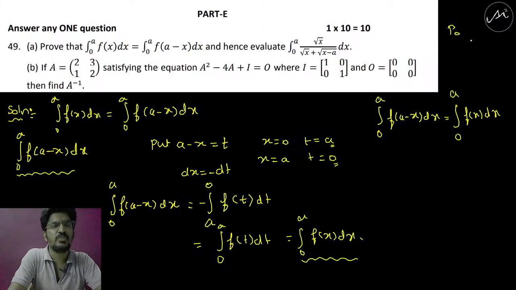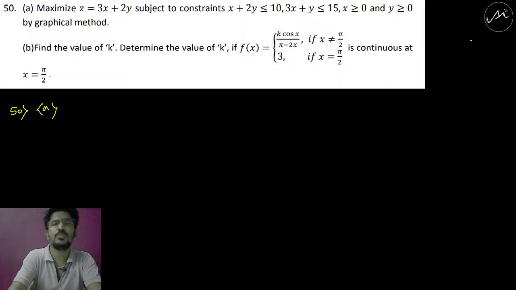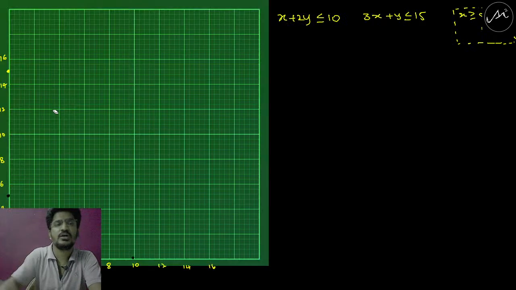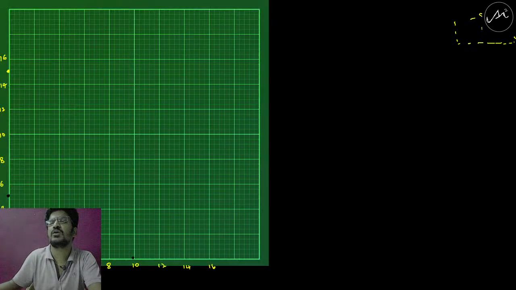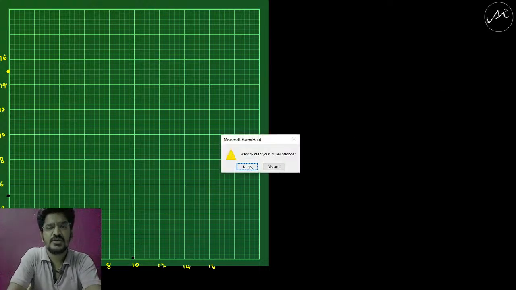So 49b was not solved? Okay, let's solve 49b and come back, no problem. I think 49b is left and we have not solved it. No problem, let's solve 49b and then come to the 50th problem. Don't worry. So you just see this.